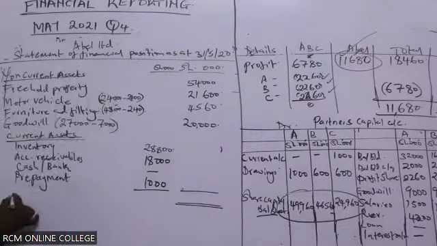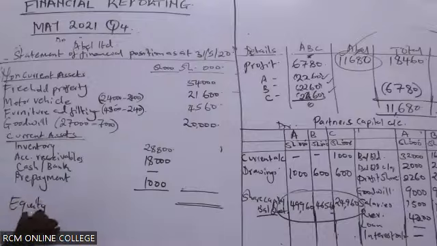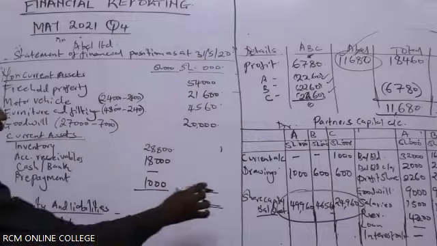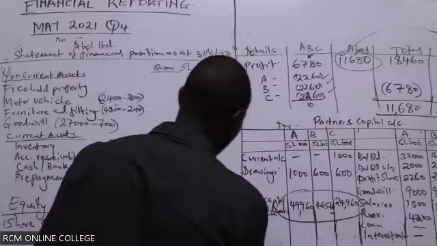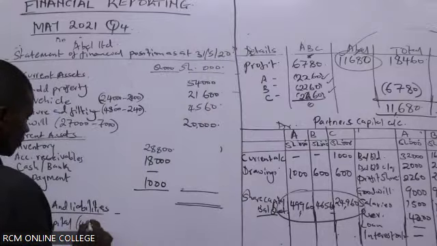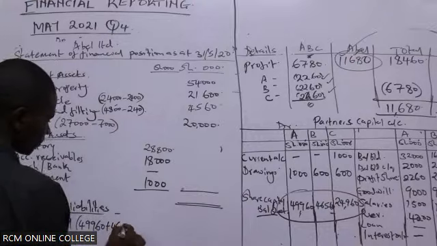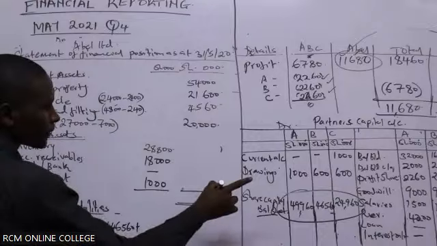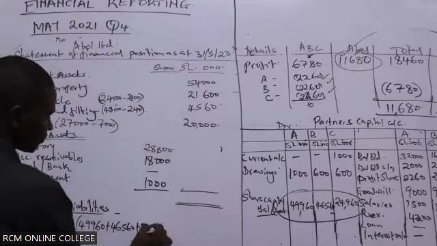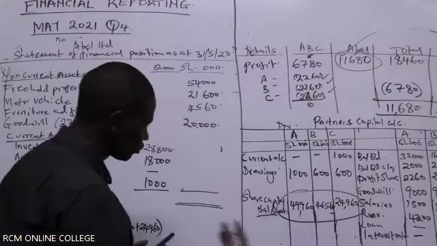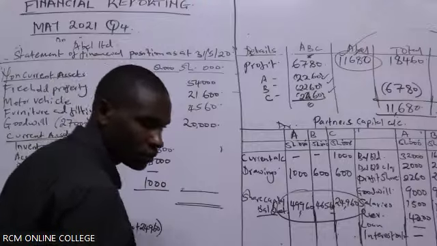Then we come to equity and liability, share capital. We put all these together, 49,960 plus 46,560 plus 24,960. 47,800, is that the total?